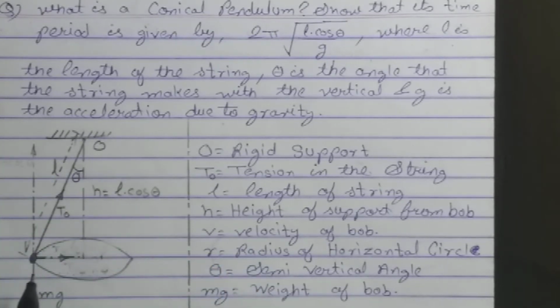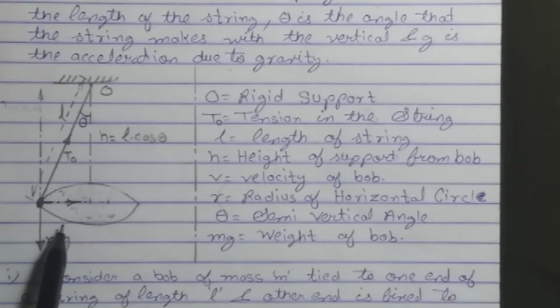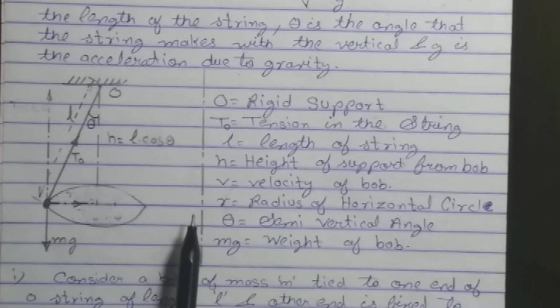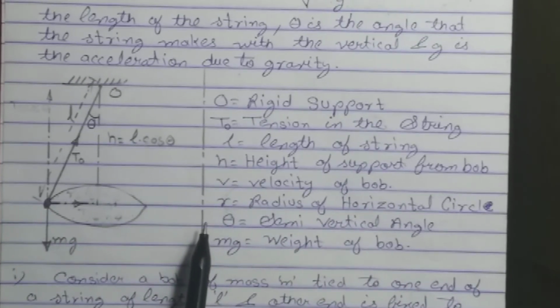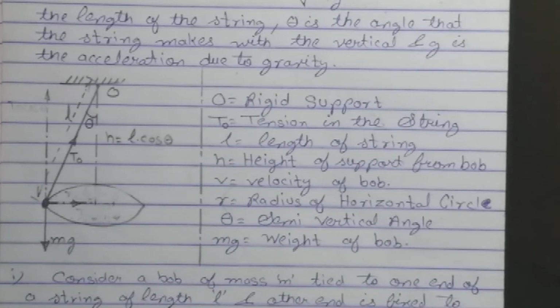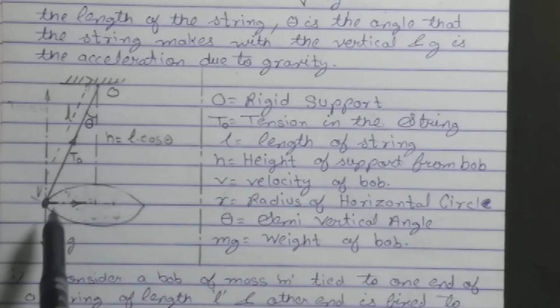One force is the bob's own weight, that is mass into acceleration due to gravity, mg. And one more force acting is the tension in the string. So here T0 is the tension in the string. So there are two forces acting in this system, mg and T0.